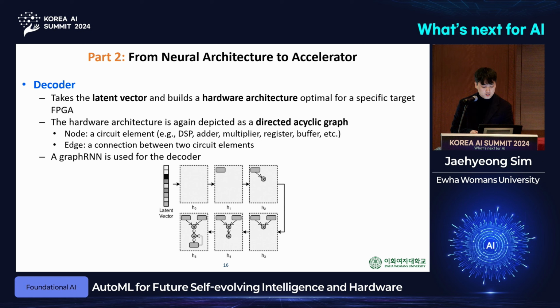In this case, node is a circuit element like DSP, adder, multiplier, buffer, register, etc. And edge is a connection between these circuit elements. In this case, we use graph RNN for the decoder to generate this hardware architecture graph.